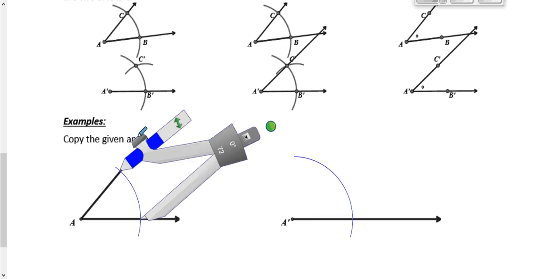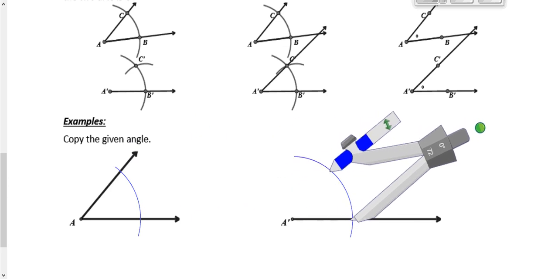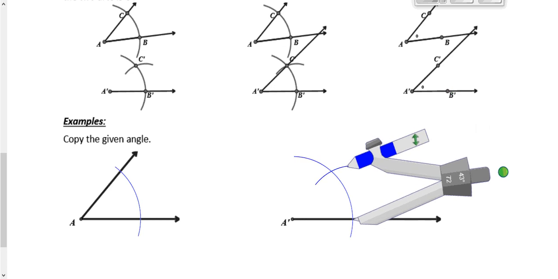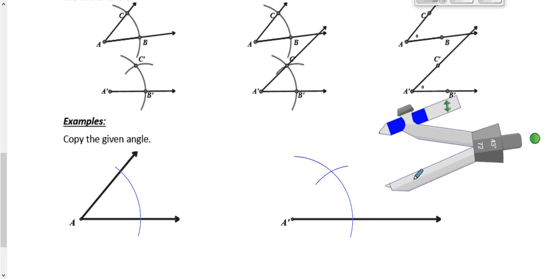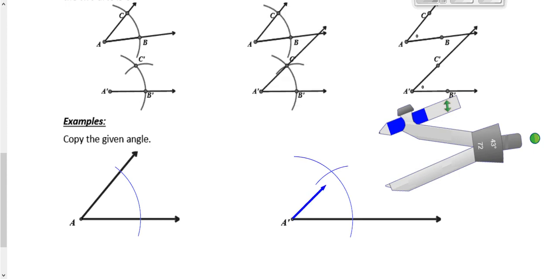Now I'm going to take that measurement and transfer it right over here, like that. And then what am I going to do? Take my straight edge and put it here. And I've just copied the angle.